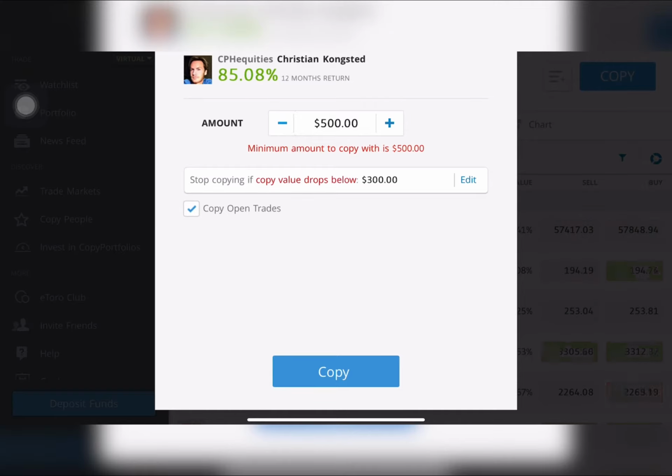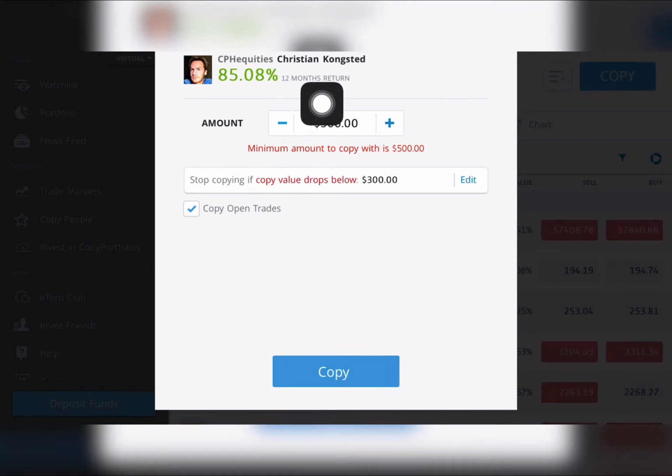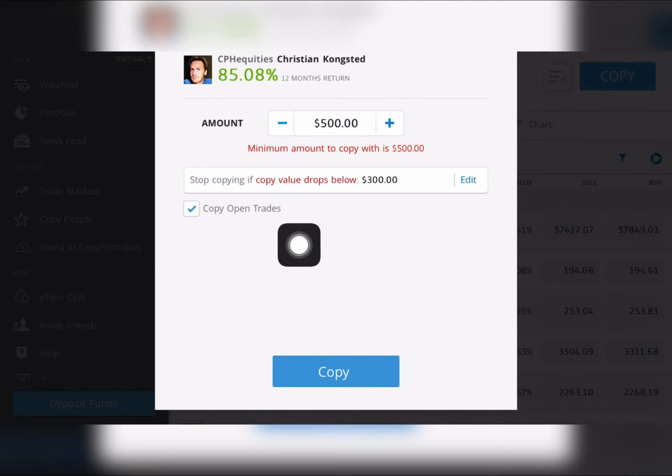No, you cannot do that. That's why these traders always put a 12 months return, and they always advise you to put your money in for at least a minimum of 1 year so that you can maximize your profit.